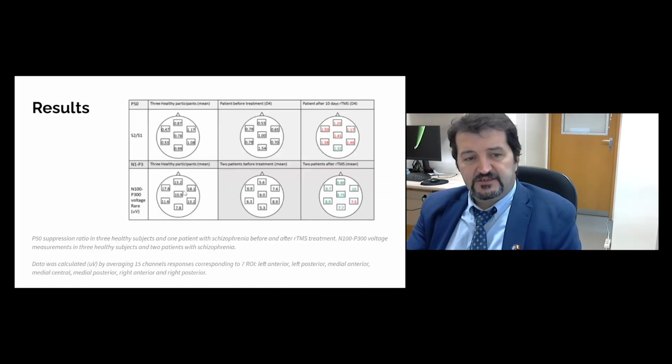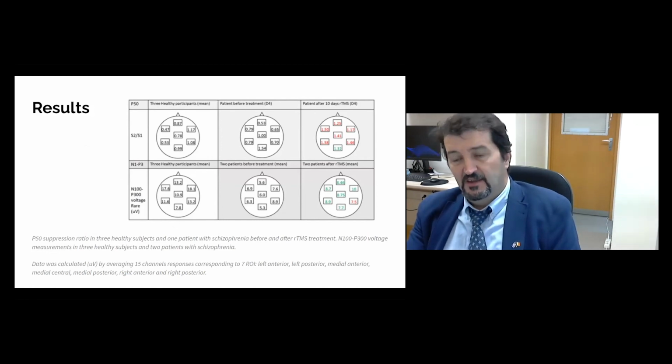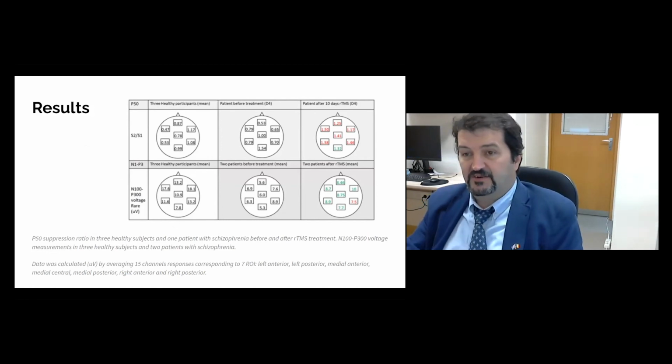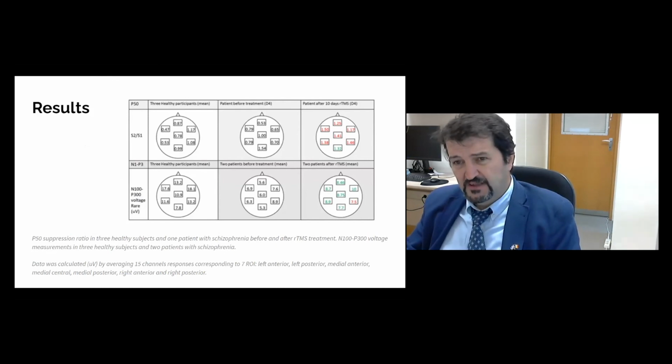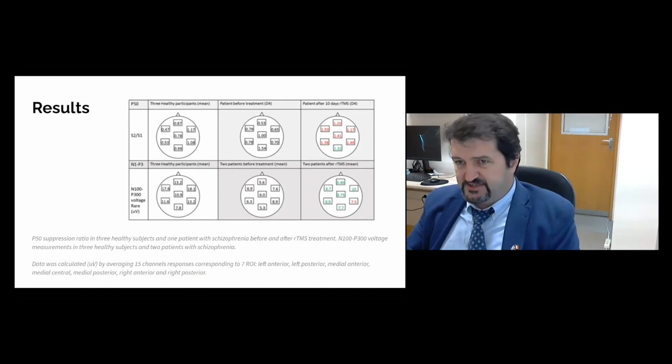Our hypothesis was that this ratio would decrease. Here we have the healthy participants comparison, and here we have one patient before and after. This suppression increased after the treatment, which was against our hypothesis. So this means that we failed to demonstrate that suppression after 10 days of TMS.